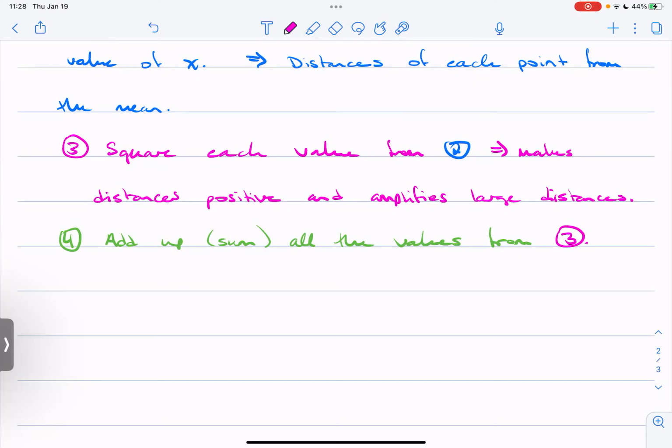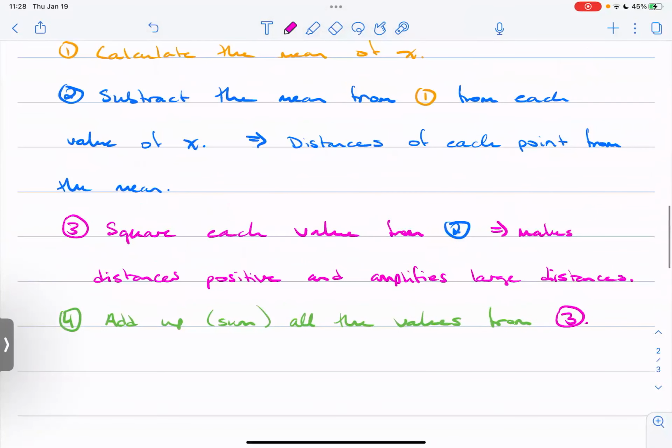This is the cumulative squared distances from the mean. I'm not going to write that down because it's not super important. It's this part that's important: the standard deviation at its core is just how far things are from the mean.